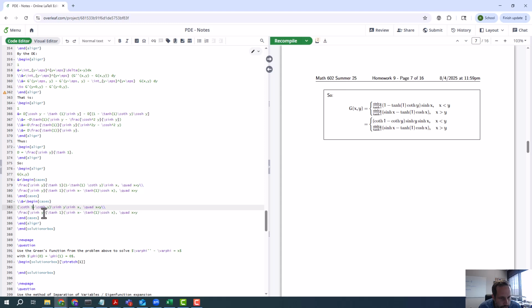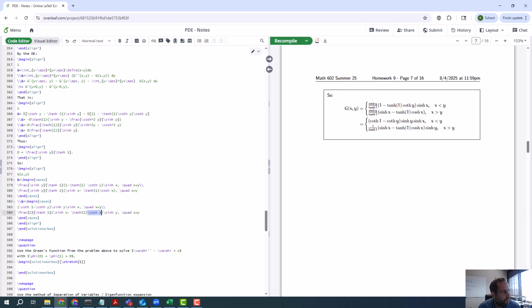Okay, so now I've got sinh y, sinh x. I'm going to do this a little more deliberately, so I'm going to do the 1. I'm going to move this sinh over there. And there's a reason that I want to do this. Now I want to factor out a cosh. So I'm going to factor out a cosh x here. So I'm going to have sinh y. Actually, hold on.